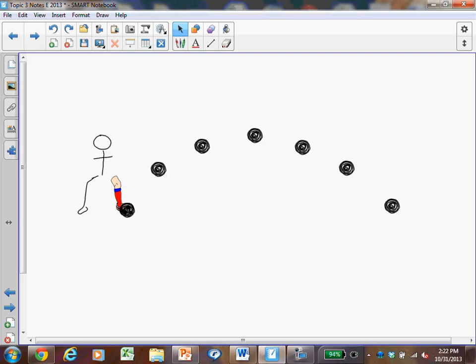There's the kick. Now, let's say that it leaves at 30 meters per second. That's quite the kick, by the way, but 40 degrees.